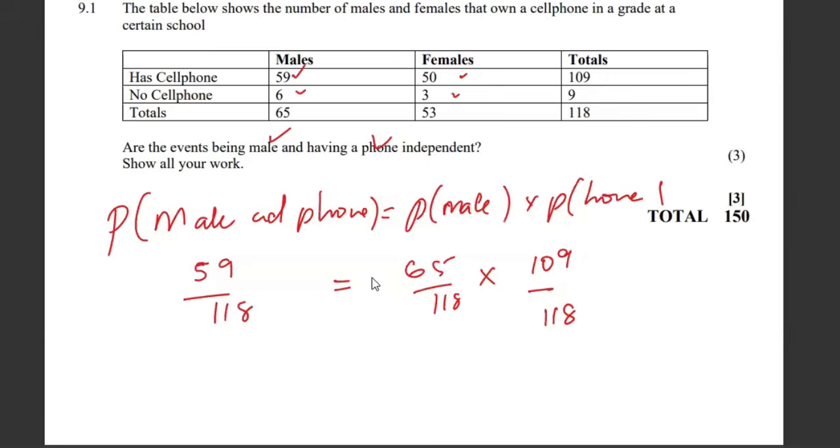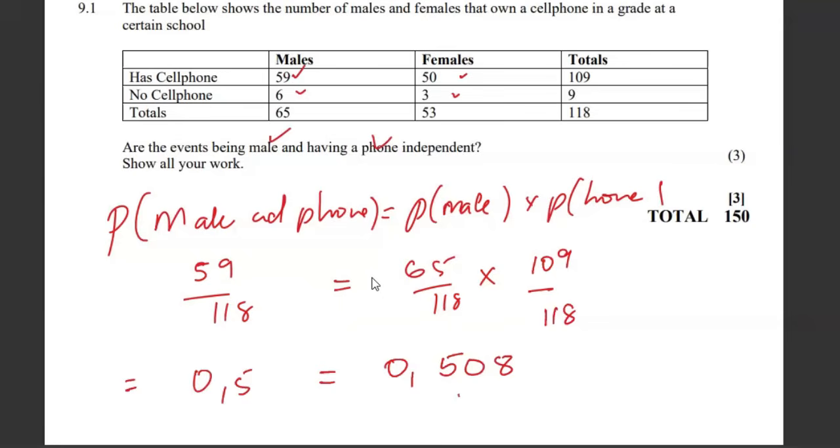So on our left-hand side, it's going to be 59 over 118, which becomes 0.5. And then to the right, 65 over 118 times 109 over 118 becomes 0.508.